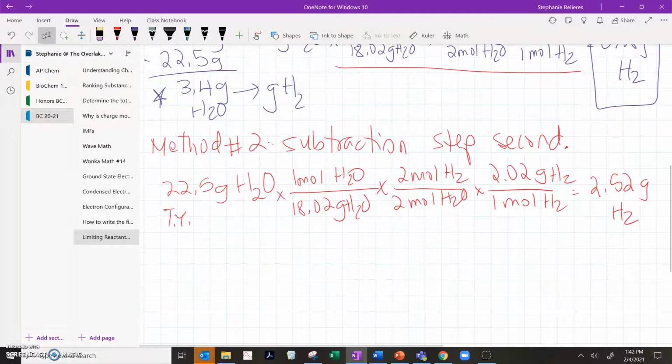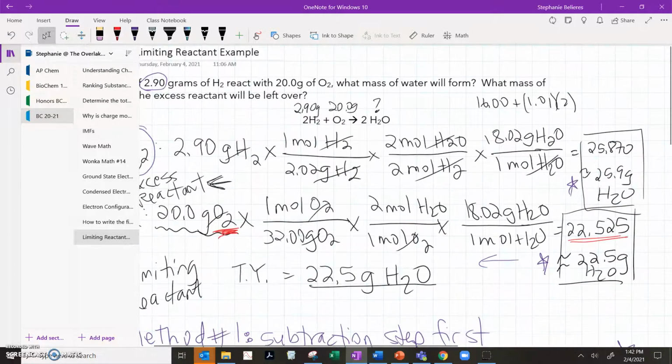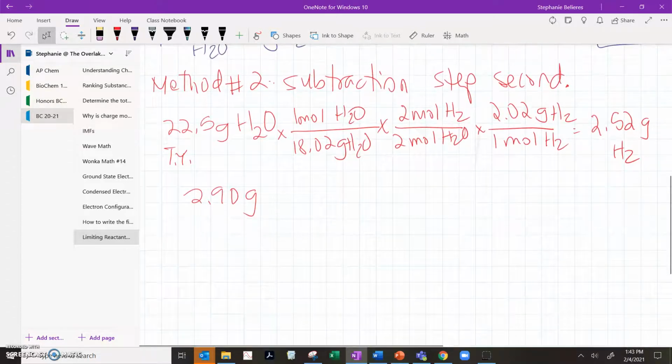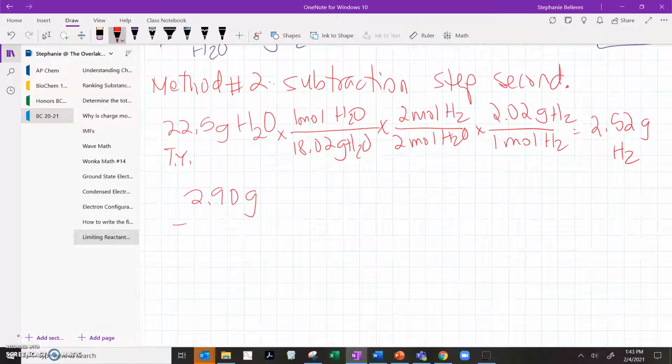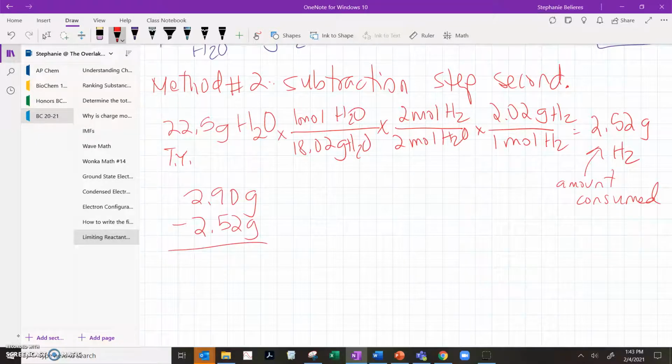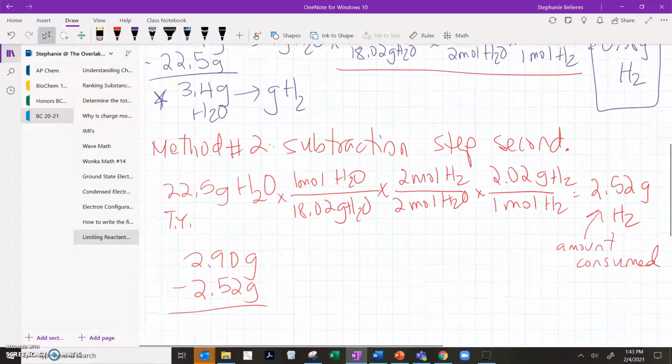Now I'm going to take the amount that I started with, 2.90 grams. That was from my problem, 2.90 grams. And I'm going to subtract the amount that I consumed. So this right here is the amount that I consumed. So I'm going to subtract that amount. You get, surprisingly, 0.38 grams.